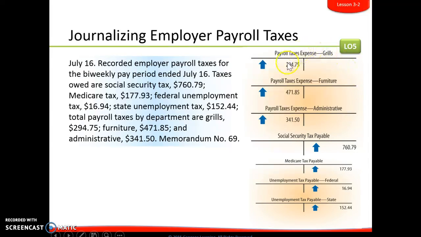So here what we're going to do is debit payroll taxes expense for each department for the separate amounts. Okay, and then we're going to take the total for all departments of Social Security tax payable. We'll credit that. Same with Medicare tax payable, unemployment tax payable federal, and then unemployment tax payable state.